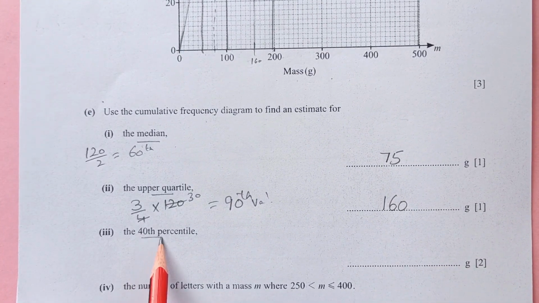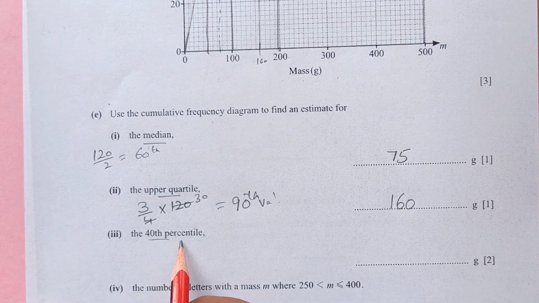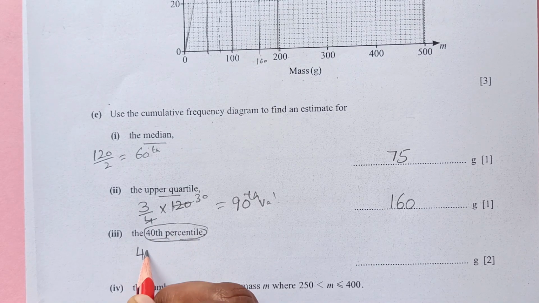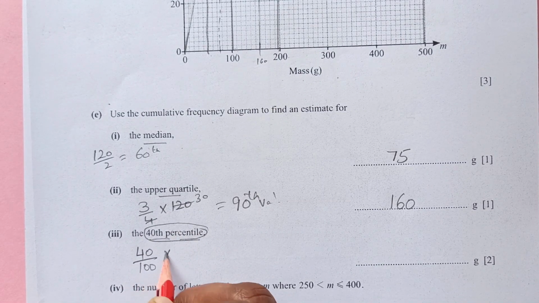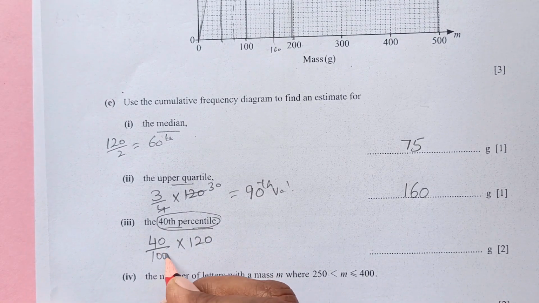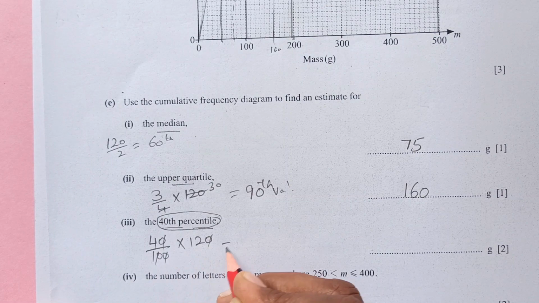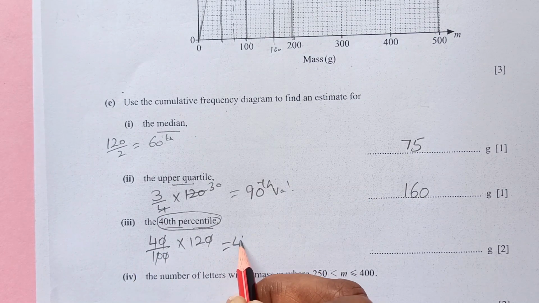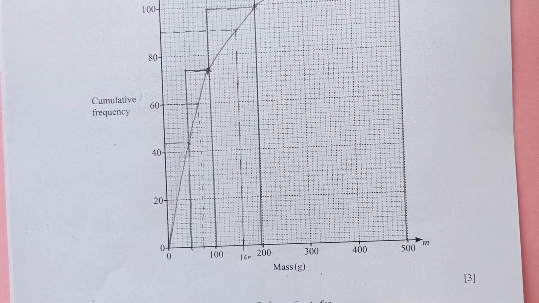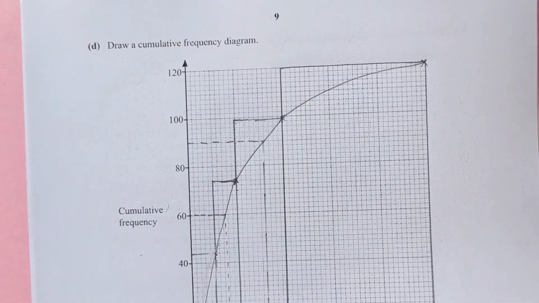Now the 40th percentile. Now it is percentile, so we are out of 100. So 40 out of 100, but we are looking out of 120, right? So then this 0 is gone. 12 times 4 is 48. So we will look here for the 48th.